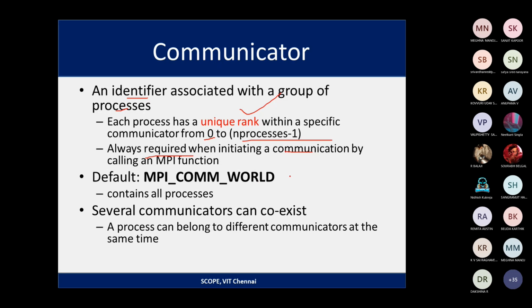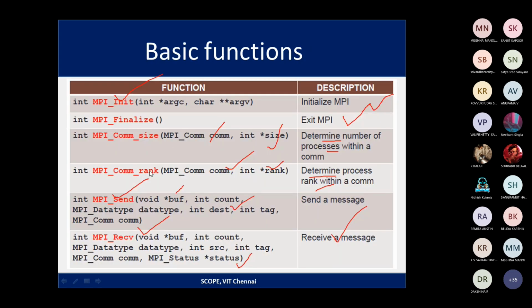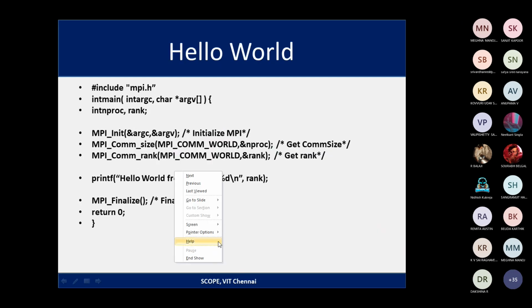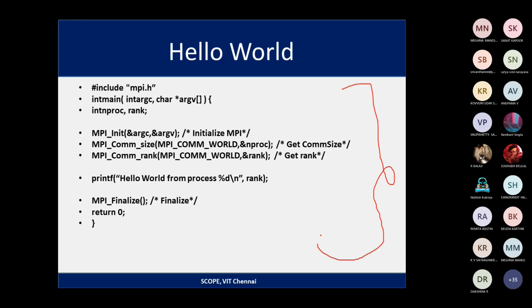So instead of using MPI communicator size and MPI communicator rank, we can directly use MPI communicator world because it will have all the processes. Several communicators can coexist, that is, a process can belong to different communicators at the same time. That is also fine.